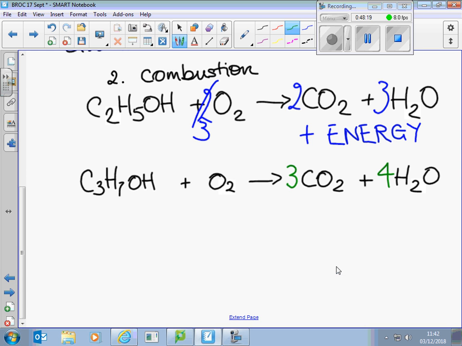So how many oxygens on the right? 3 2s are 6 plus 4 is 10. How could we get round that in a sneaky sort of way? One option is to double it all the way through. You do actually have another option. How could you make 10 on this side? You don't need to bracket anything, but you could use a half somewhere.